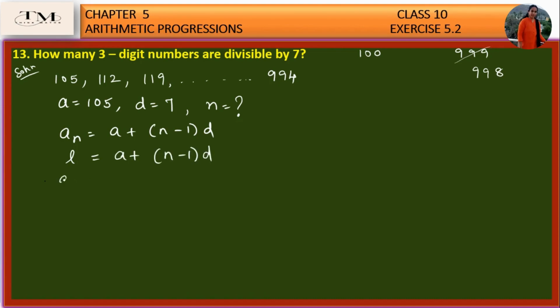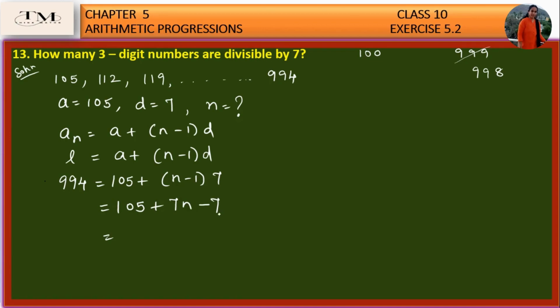What is the last term? 994. The first term is 105 plus, we don't know n, n minus 1, d is 7. So 105 plus n into 7, this 7n, minus 1 into 7 is minus 7.